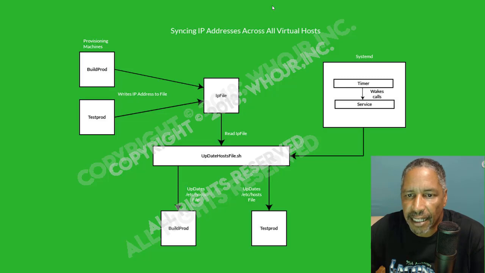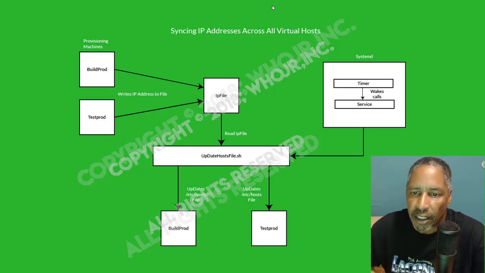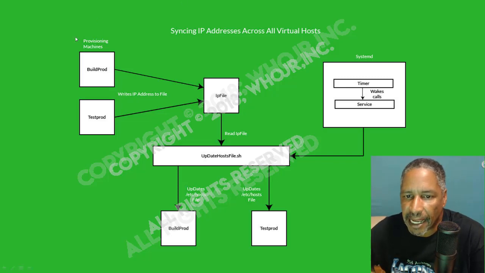Over the last, I'd say, three or four episodes, we've been working on syncing IP addresses across all of our virtual hosts. Just to recap, we began by writing each virtual host's IP to a file, defining the shares to that file within our JSON file.